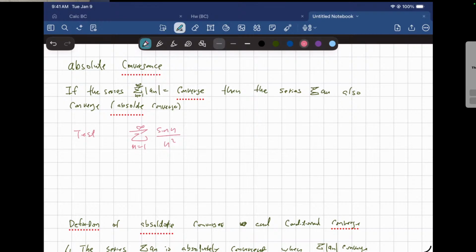Let's write our first few terms: sine of 1 over 1 squared plus sine of 2 over 2 squared plus sine of 3 over 3 squared plus sine of 4 over 4 squared plus sine of 5 over 5 squared plus sine of 6 over 6 squared plus sine of 7 over 7 squared.